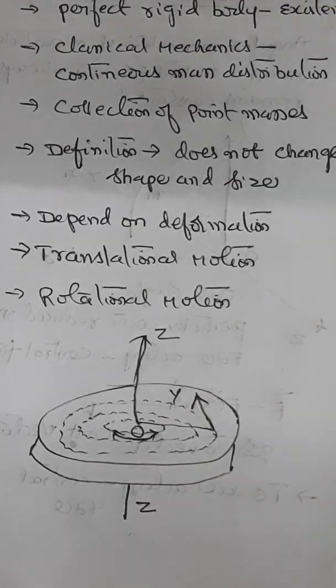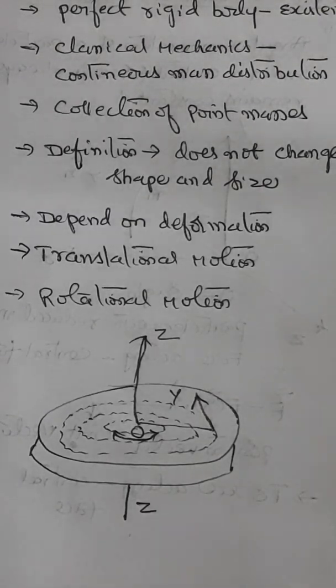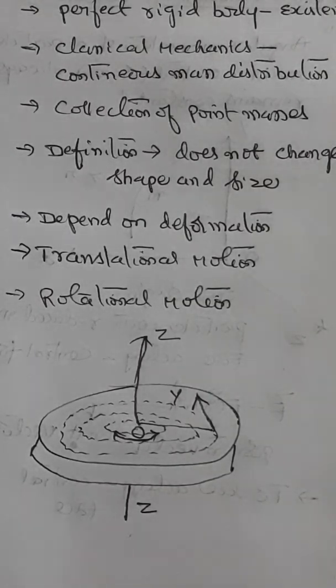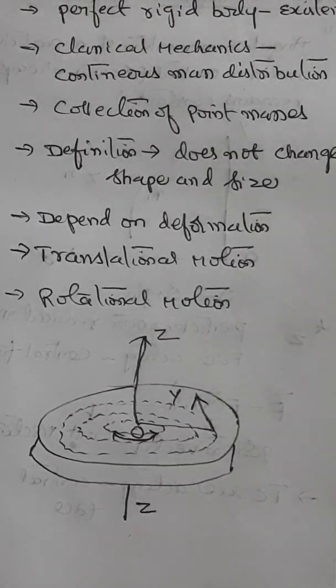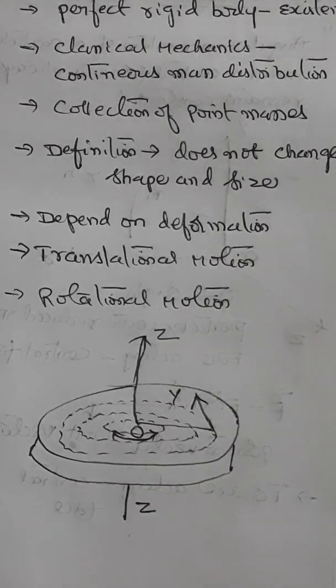Based on this, just like in linear motion, that means when a body is moving in a straight line, you will have simple kinematic terms like initial velocity, final velocity, displacement, acceleration. Based on that you use general kinematic equations. Similarly, when we talk about rotational motion, you have rotational kinematics.